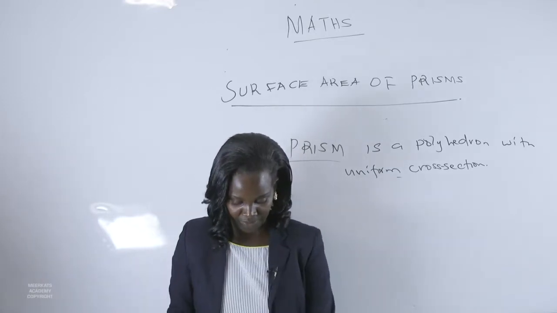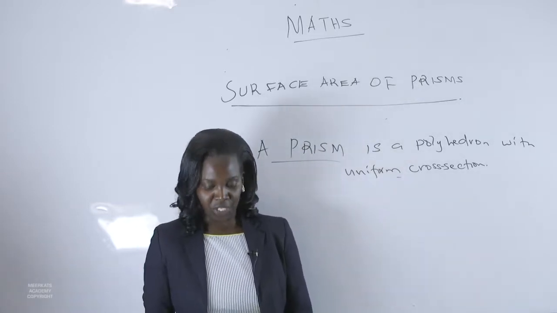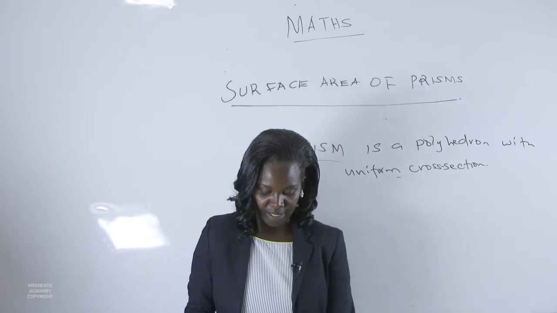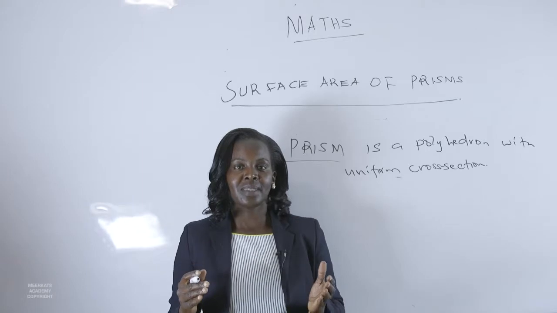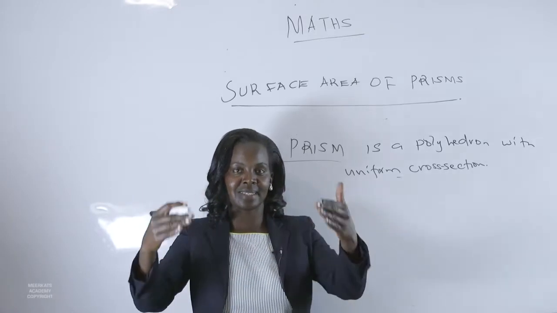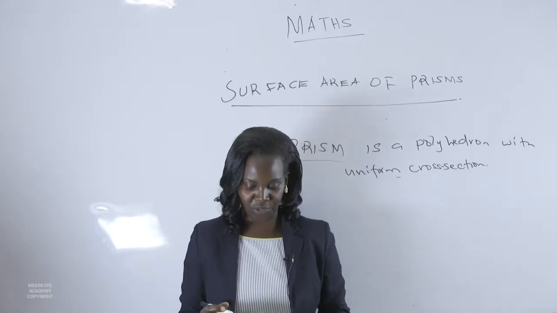What is a cross-section? A cross-section is the shape at the ends, both ends of a prism. That is what we call the cross-section.